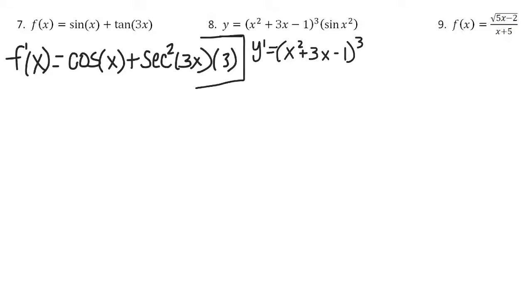Well, what's the derivative of sine of x squared? It's going to be cosine x squared times what? 2x. Okay, did y'all get that? So first times the derivative of the second plus the second, so that's going to be sine x squared times the derivative of the first.